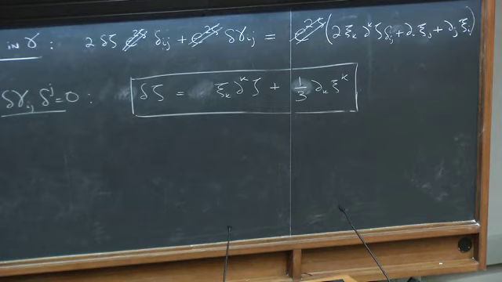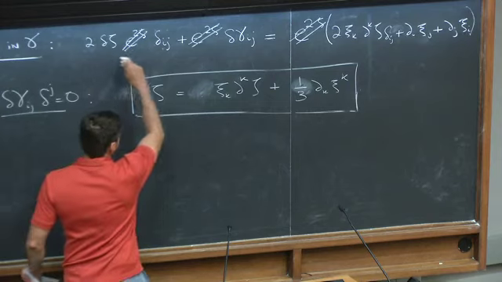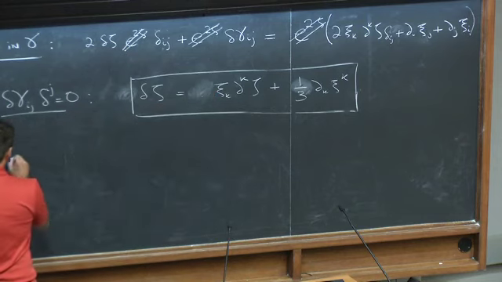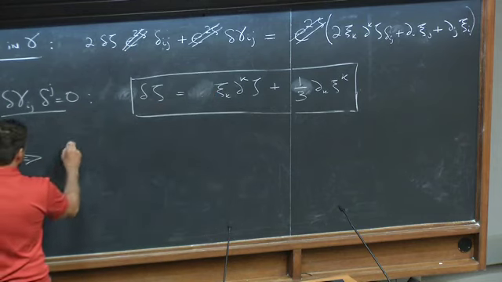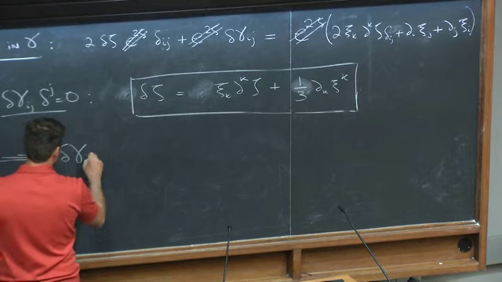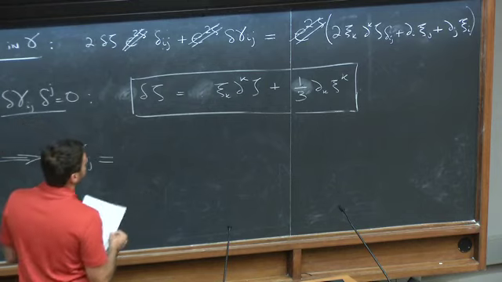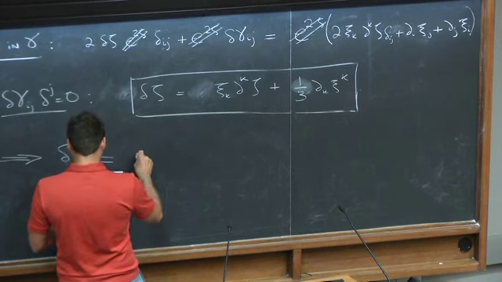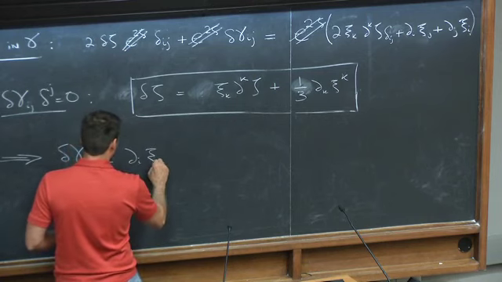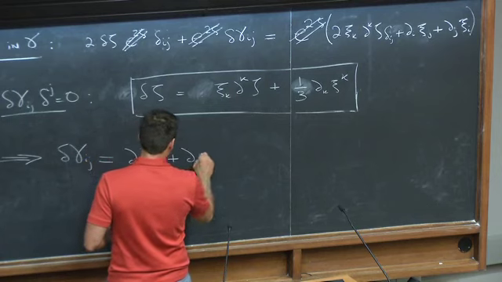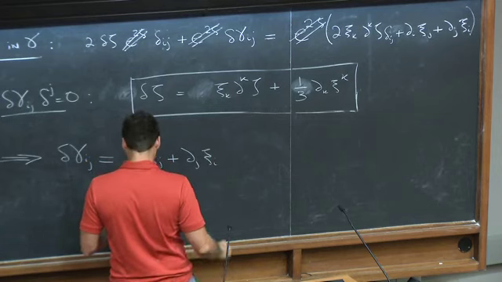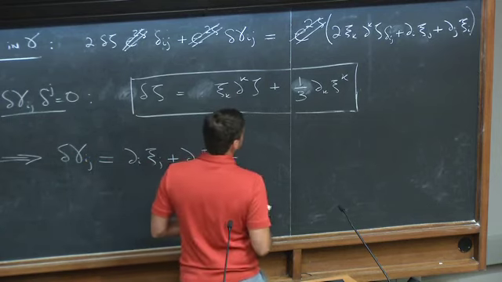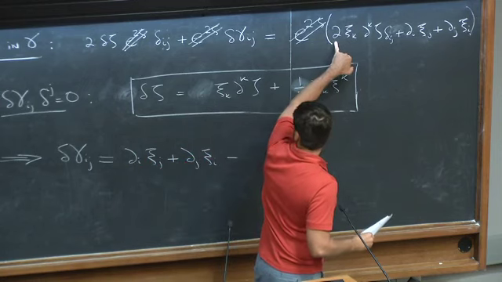Then we can plug it back into the equation and solve straightforwardly for delta gamma. Here's the answer after substitution. We find that delta gamma will be equal to di cj plus dj ci minus 2/3, because I have 2.